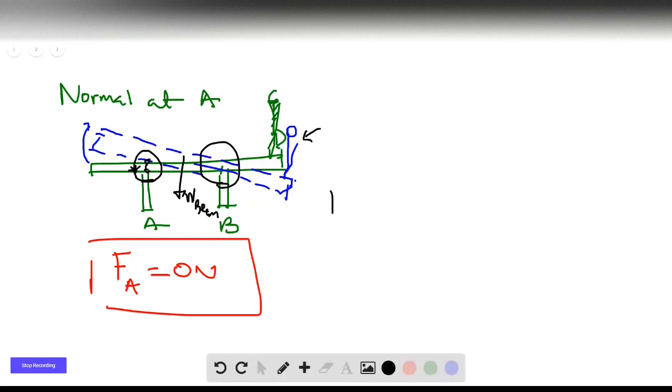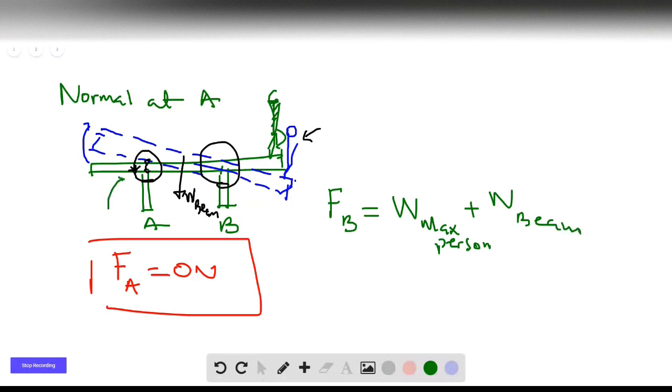And so the force at B becomes equivalent to the maximum weight of the person plus the weight of the beam, because there is no force at A, so all the forces are being concentrated at B. So the maximum weight of the person is 650 newtons.